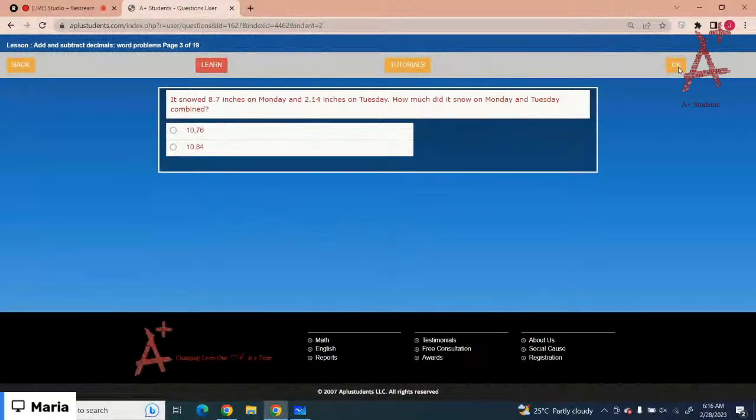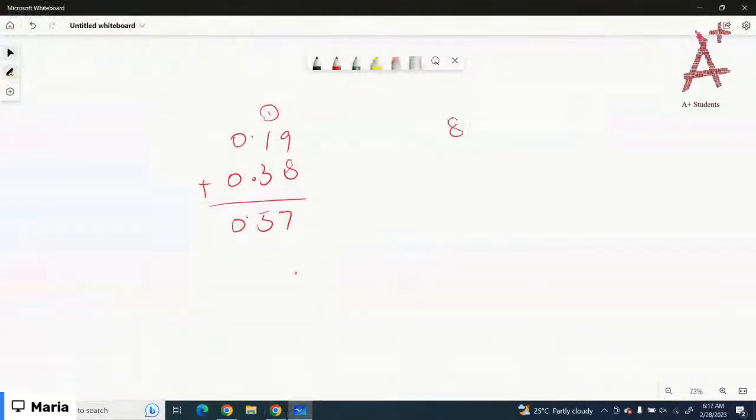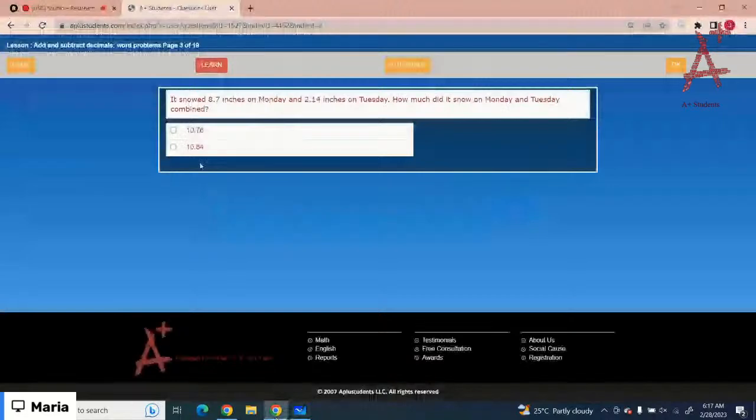So just add 8.7 and 2.14. 0 plus 4 is 4, 7 plus 1 is 8, and 8 plus 2 is 10. So it would be 10.84. Got it? So the correct option is 10.84.